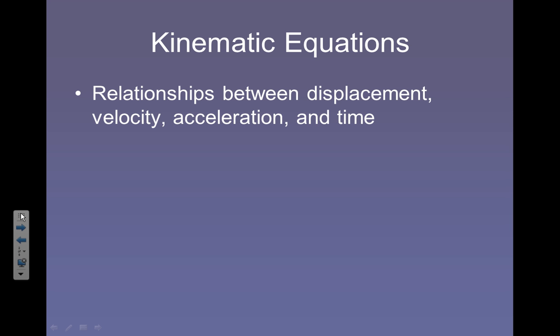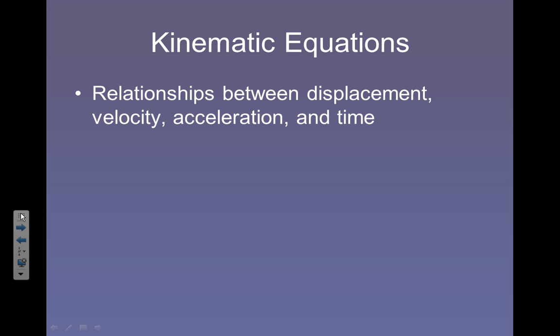If an object is accelerating for a certain amount of time, how far does it go during that time? If it accelerates for a certain amount of time, how fast is it going at the end of that time? So the kinematic equations are relationships between displacement, velocity, acceleration, and time.